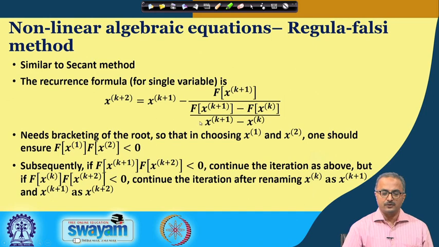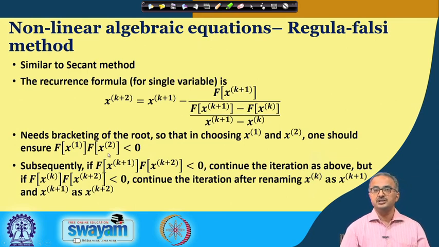Now in this case, whenever we are bracketing the root and updating the value of the root, how we replace the previous 2 values depends on the products of the functions at these various points. So first is to bracket. The bracketing criterion is that the product of f(x1) and f(x2), where 1 and 2 represent the initial 2 values, should be less than 0.